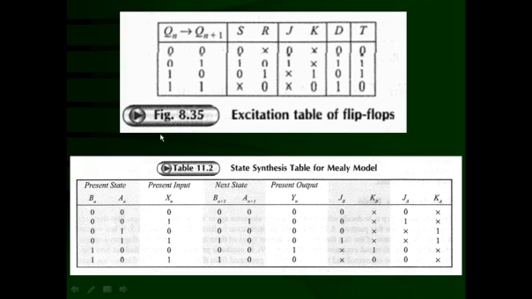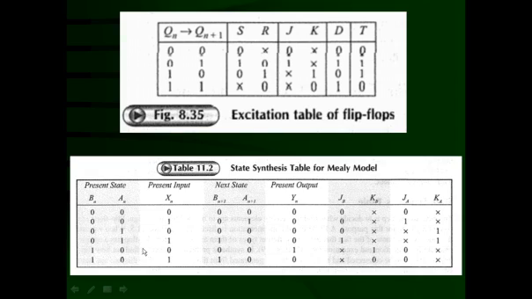Similarly, fourth one, 0 to 1 for the flip-flop B, that is Bn to Bn plus 1, 0 to 1, that means 1x is going to be required here, and for flip-flop A, 1 to 0, and when it makes 1 to 0, it requires x1. So here you require x1, you can see there. Fourth row is going to be completed.